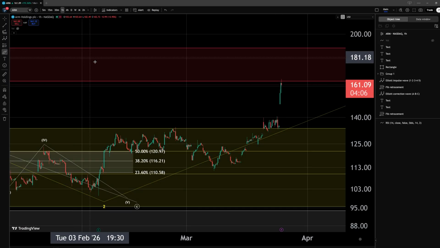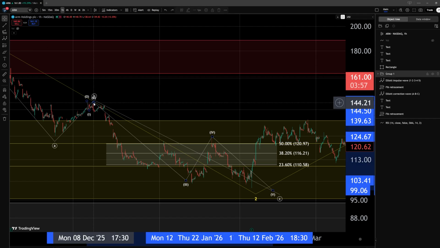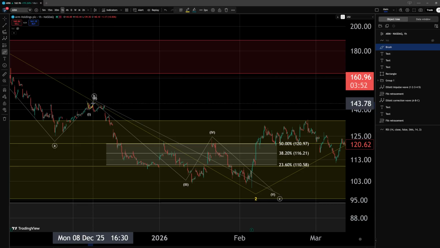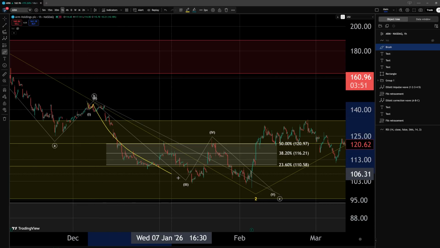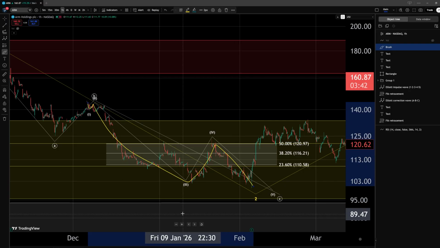But within our ideal scenario, we have identified here a 1-2 setup that would have allowed, after this structure, which was being tracked as a wave 3, to still look for a wave 4 and a wave 5 before assuming a full count even within this structure.